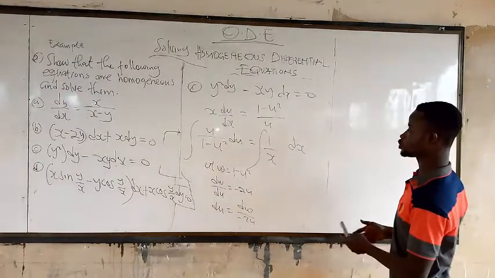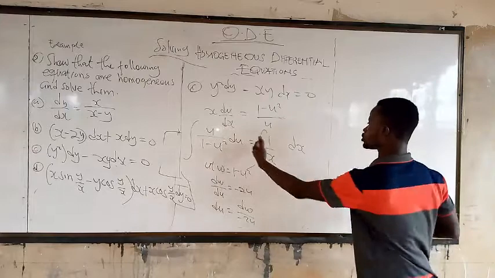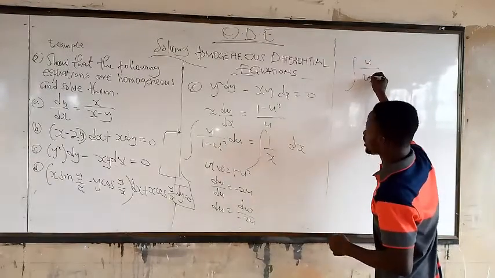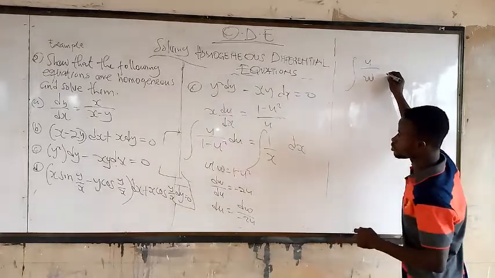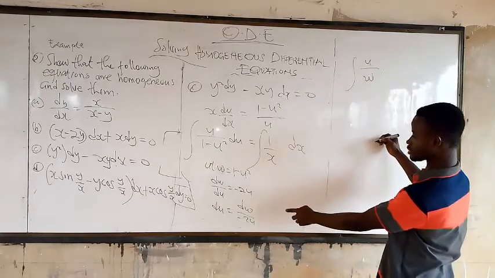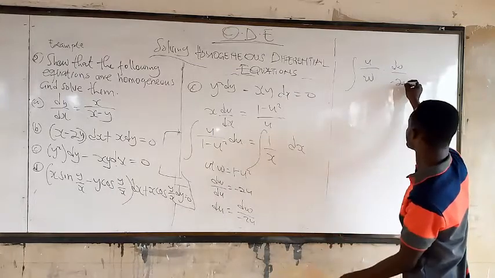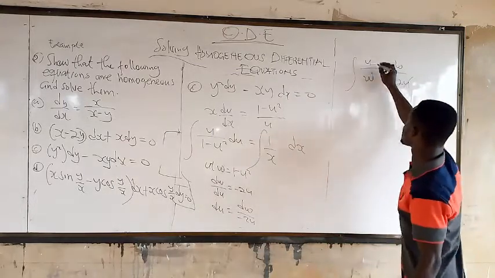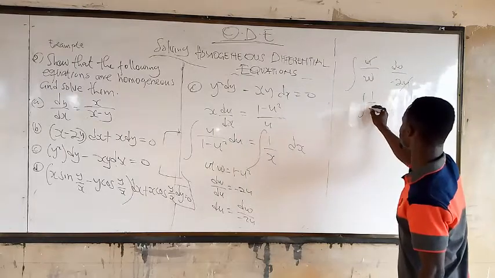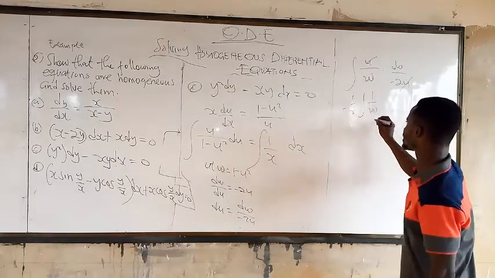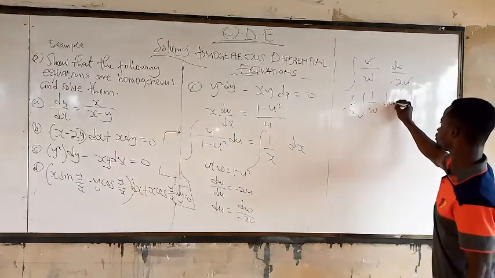And by substitution, you are still on the left hand side. By substitution, we get u over w, and the du is what? dw over negative 2u. So this will take away this. So you get the integral of 1 over w, and the constant is negative what? Half dw.